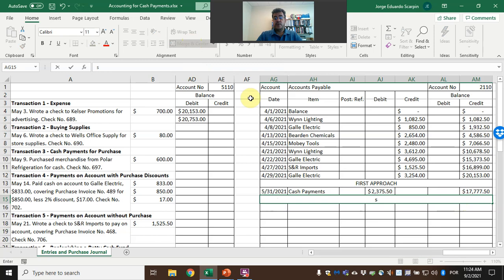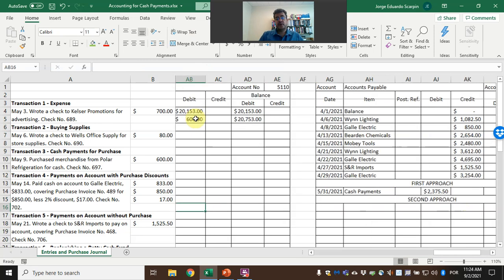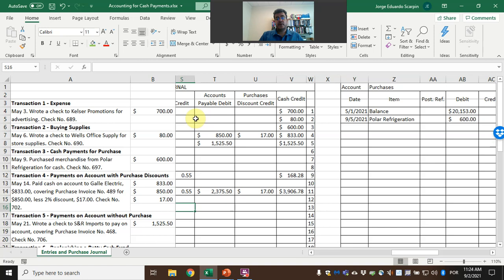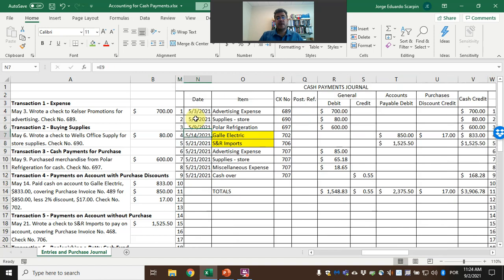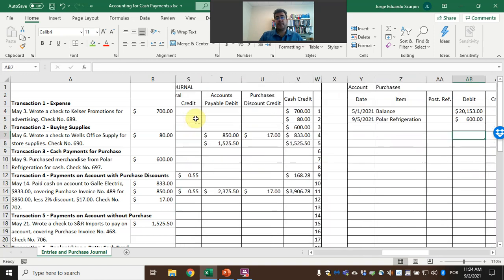We have a second approach. We transfer the payments when they occur, when they happen.